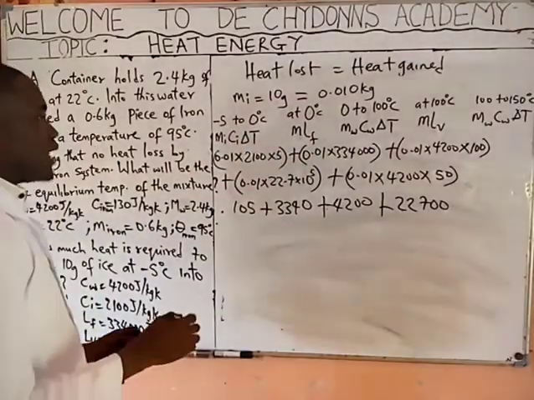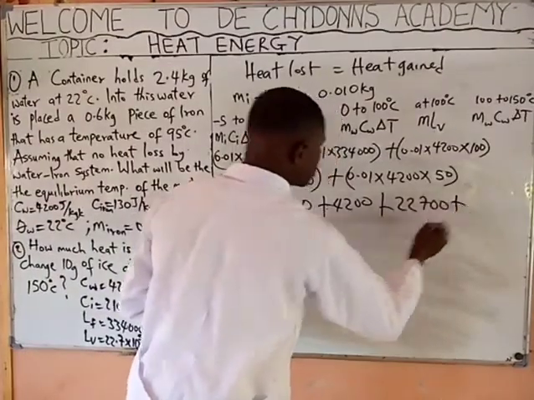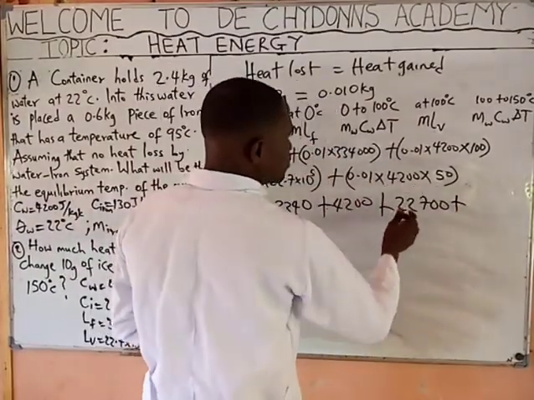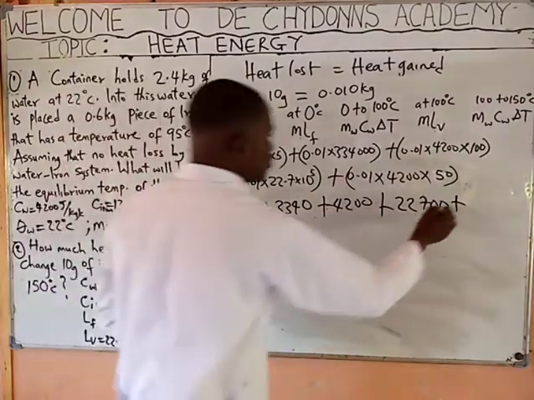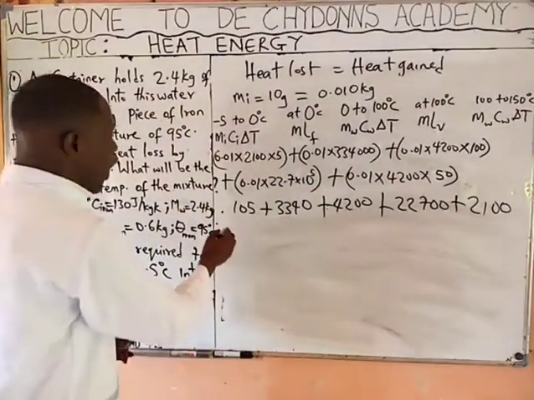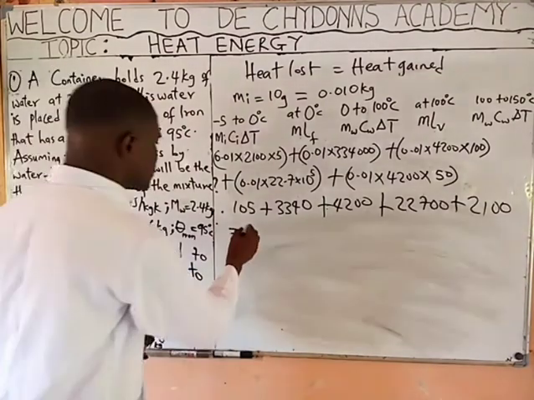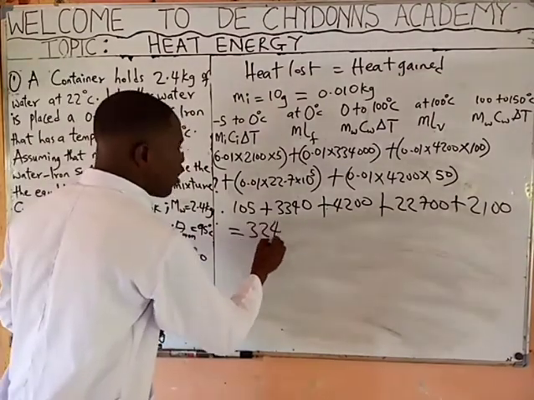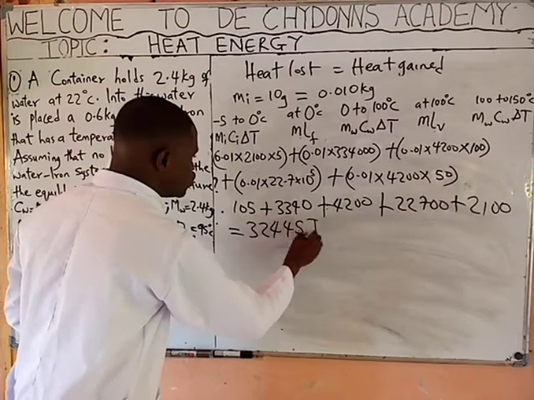Okay? Then plus this times this will be giving us 2100. So when you add all of it, you'll be getting 32445 joules.